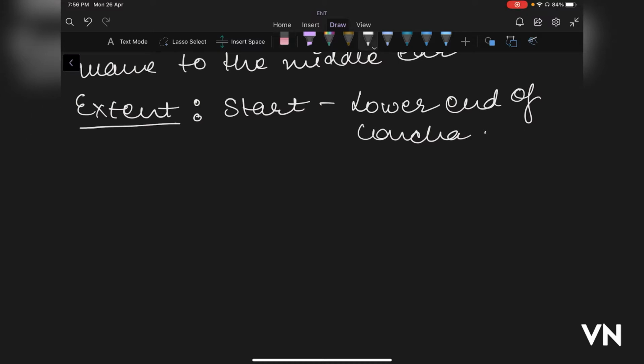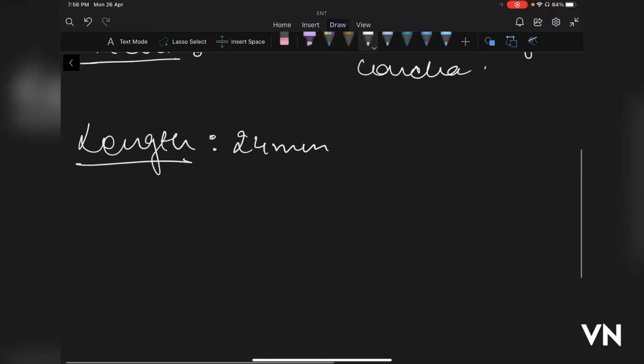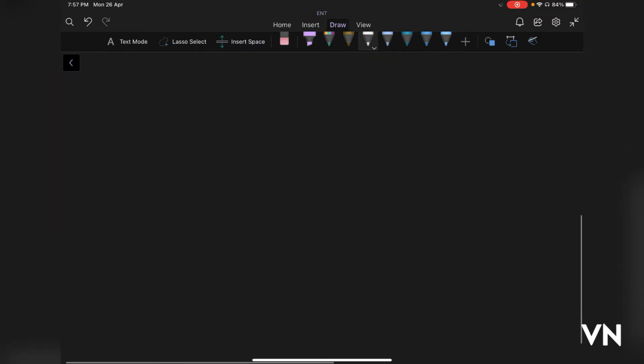Now the length. It is a pretty small structure that is just 24 millimeter long, right? But this length is measured along its posterior wall, right? So this is the difference. Now, along its posterior wall.